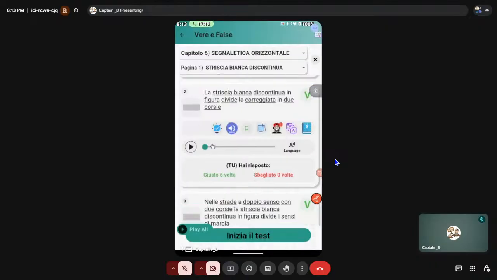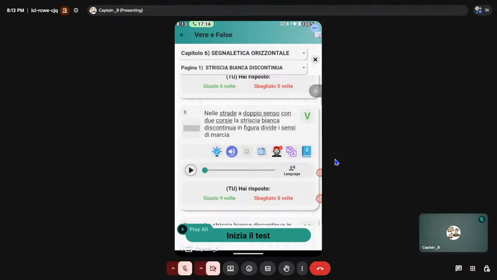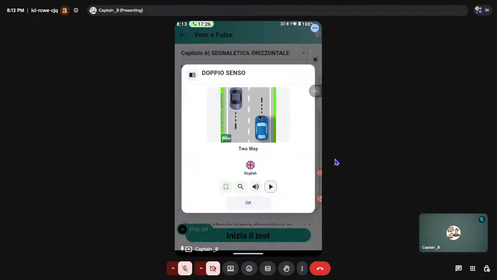Now, nelle strade a doppio senso, meaning on the road of two-way. Doppio senso meaning two-way. One is going, another one is coming, which is this one here. You see doppio senso, the middle line. So he had divided the carriageway into due corsie, okay?